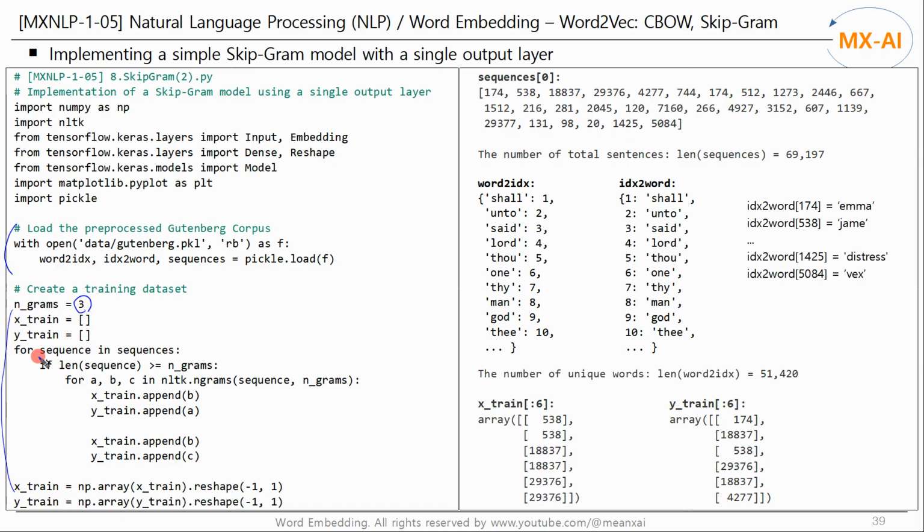Take each sentence in the sequences list one by one and create a trigram sequence if this sentence has 3 or more words. This time, we generate training data in the following way. Add the center word B twice to X-train, and add the context words A and C to Y-train.